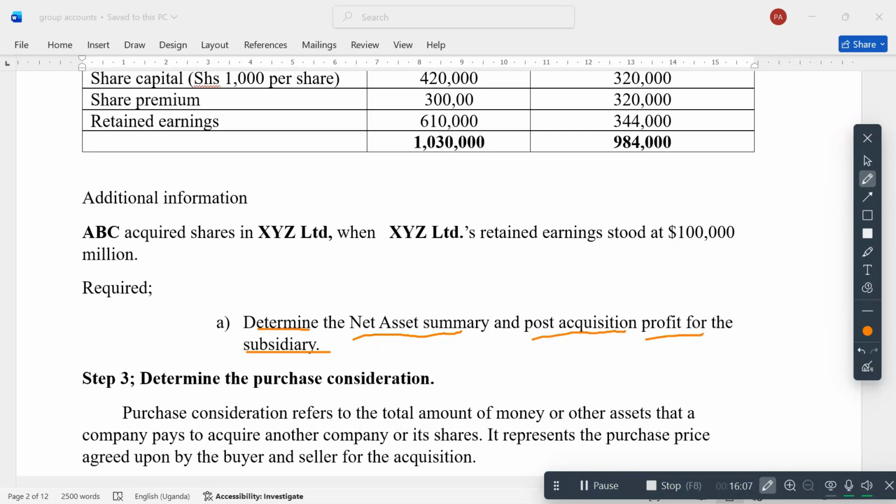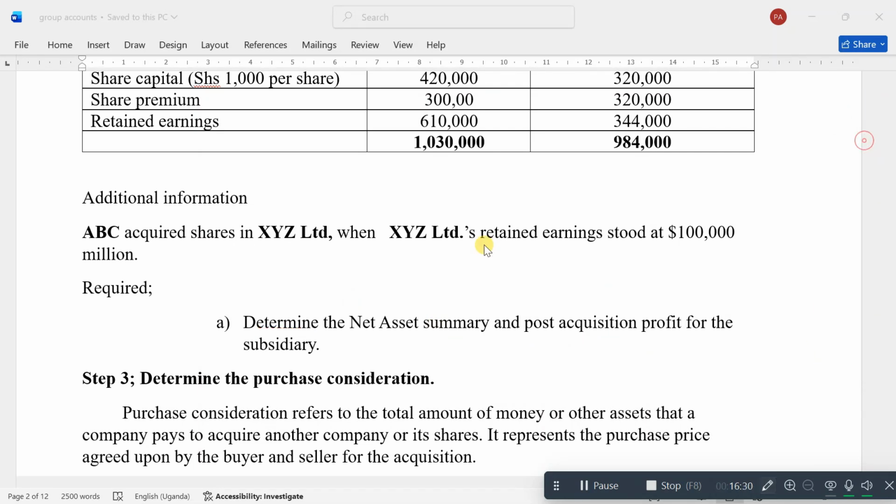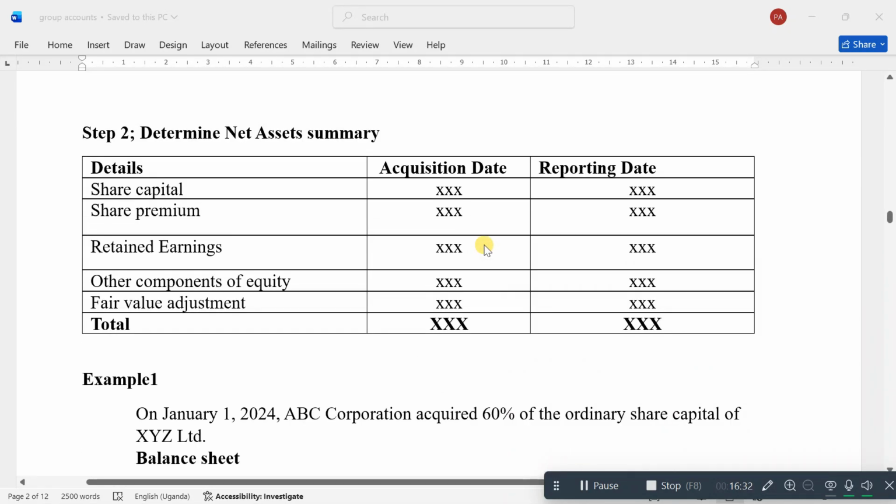I told you we do all these workings either for a subsidiary or associate, then for the subsidiary we incorporate or combine with those of the financials for the parent to get what we call consolidated figures or financial information. Now, here we have to determine net asset summary. But don't forget, I told you it's better you use this table for net asset summary.